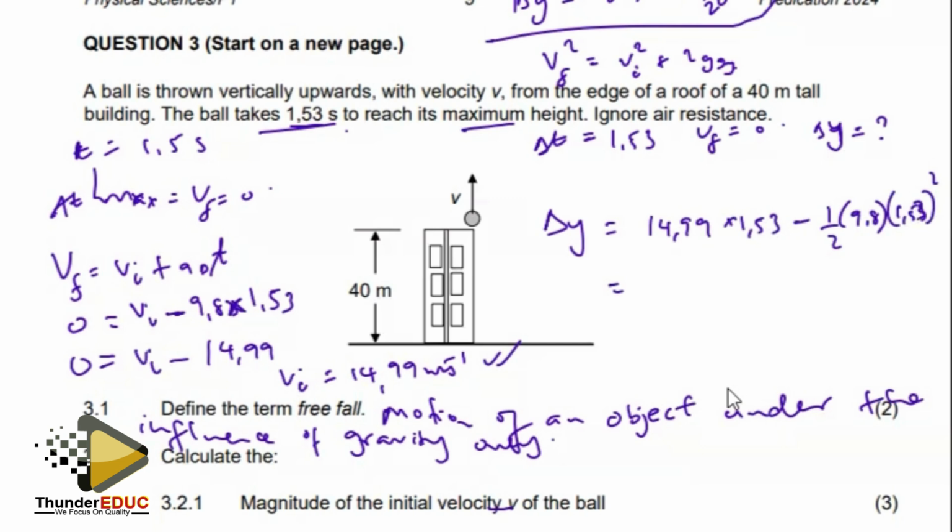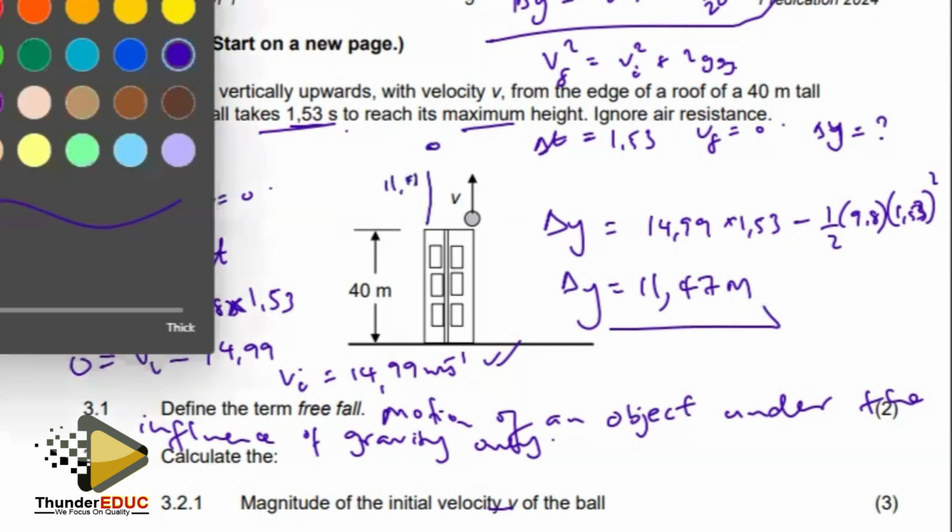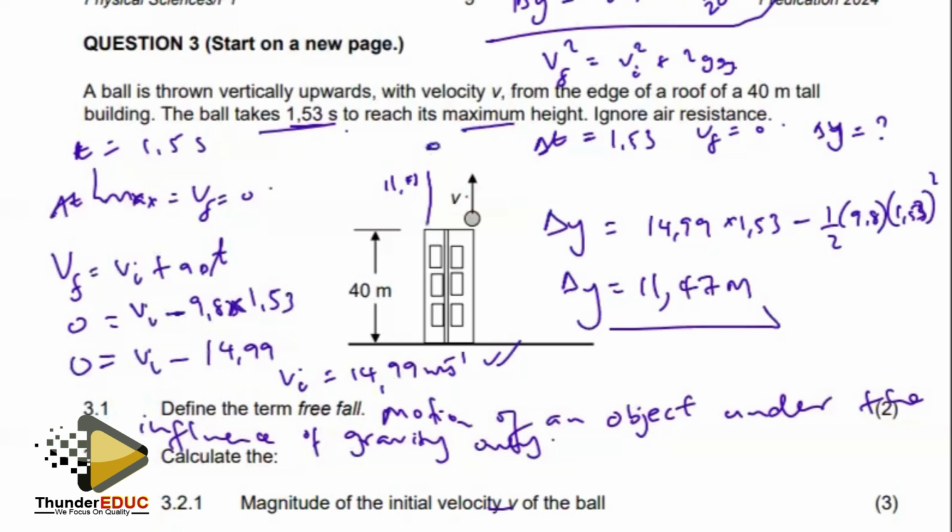So 14.99 times 1.53 minus a half times 9.8 times 1.53 squared. I'm getting 11.47 meters. So that is the maximum height, 11.47. All right, so that is 3.2.2.